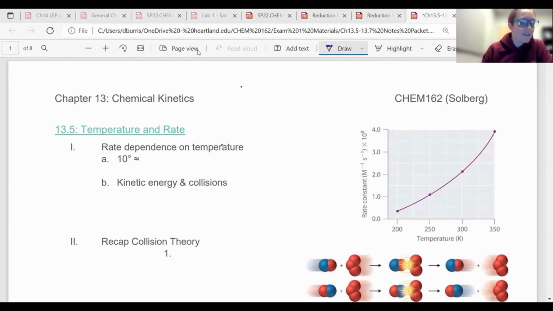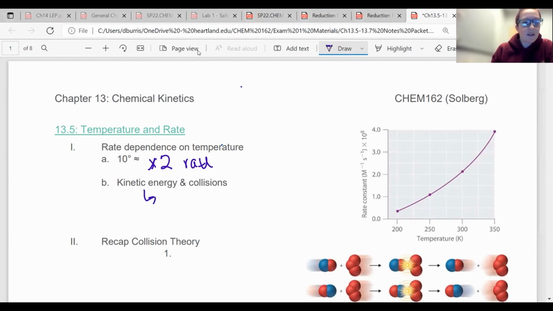Well, about every 10 degrees or so, that about doubles the rate. Times 2 the rate. Because it's based on a lot of other things as well. So it's not like every degree will make the rate go up faster. Kinetic energy and collisions are not exactly directly proportional.